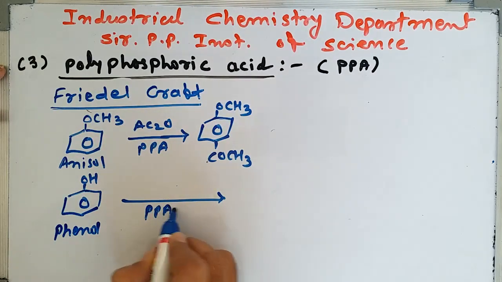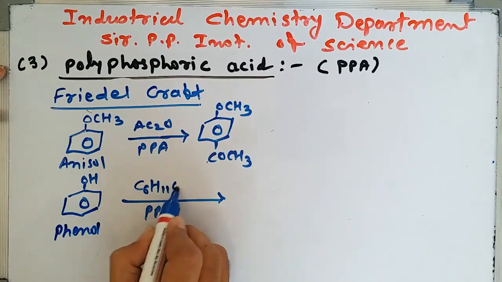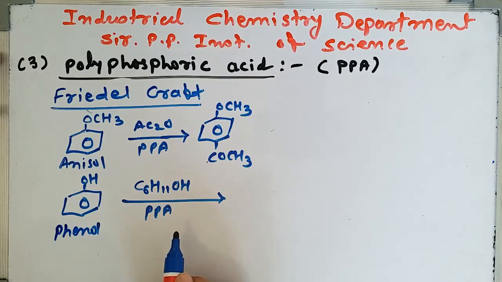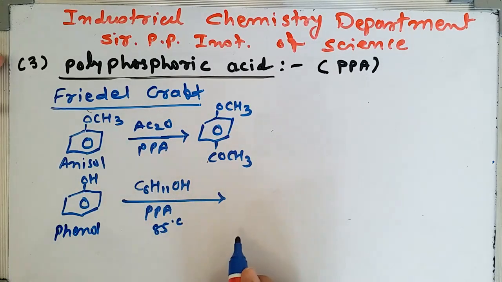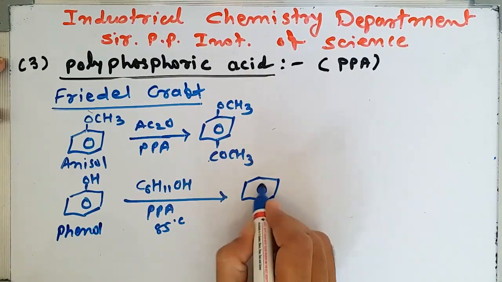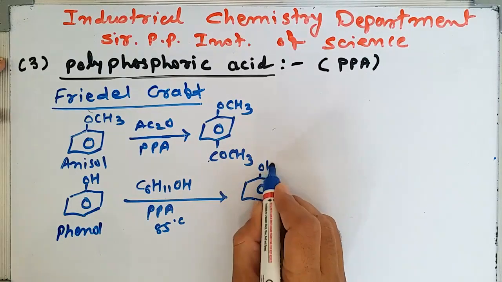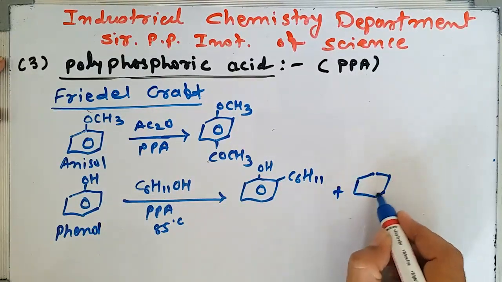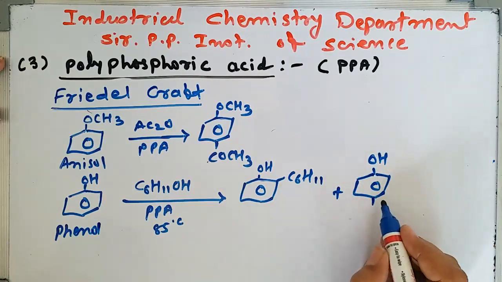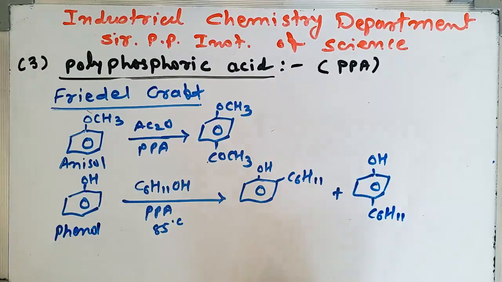With the help of PPA and C6H11OH, cyclohexanol, PPA and 85 degrees Celsius, we get C6H11 compound, a mixture of ortho and para components. So it is a very important application.